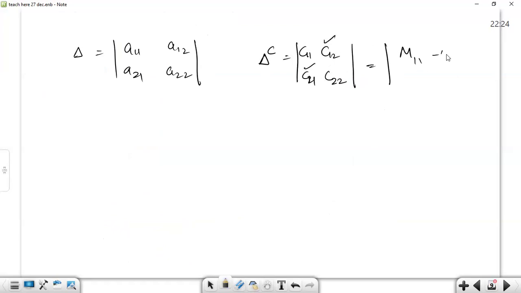So it is negative sign, opposite sign, same sign. As simple as that. Is that clear, everyone?